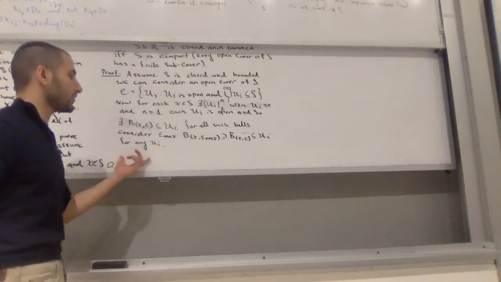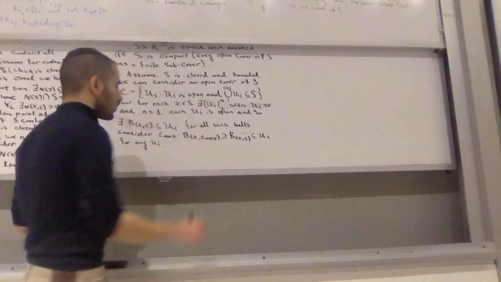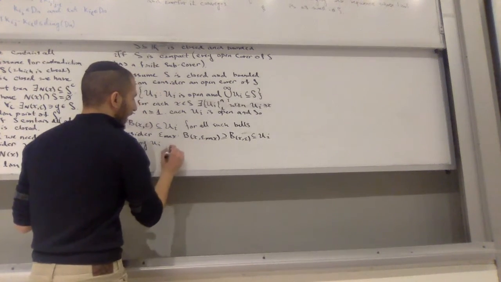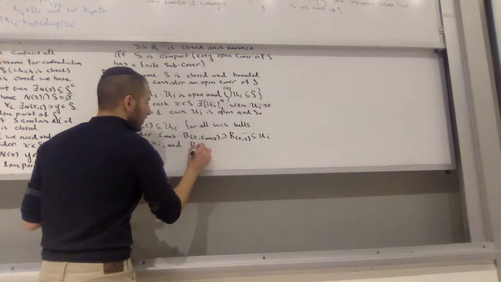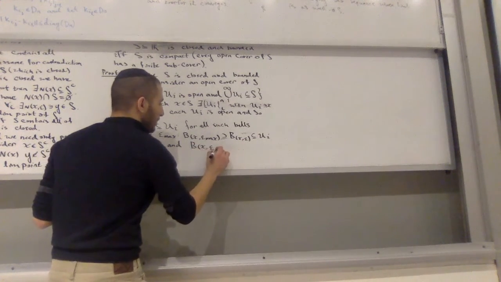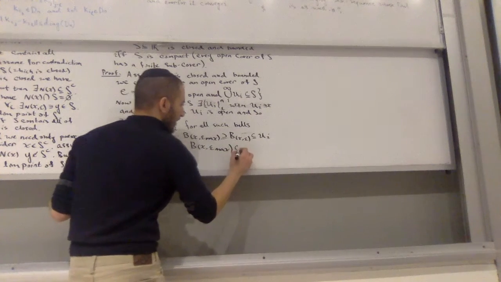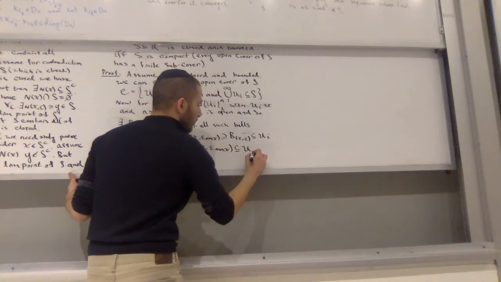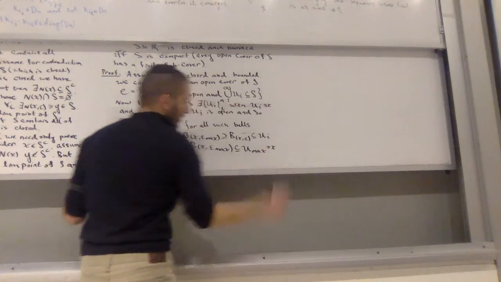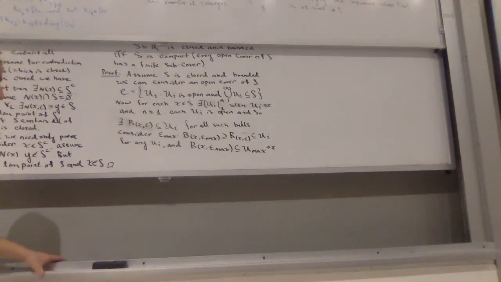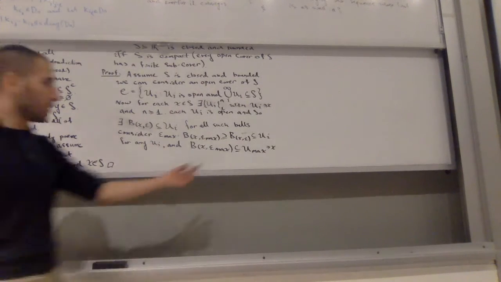In other words, there is a ball which is contained in U_i for any i, and B(X, epsilon max) is contained, say, in U max, which contains X. And we call this U max.